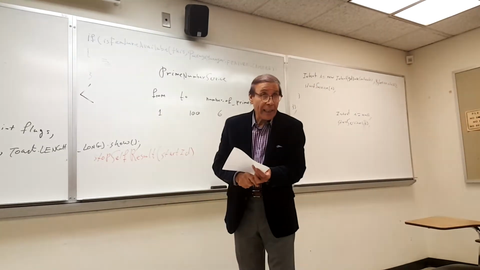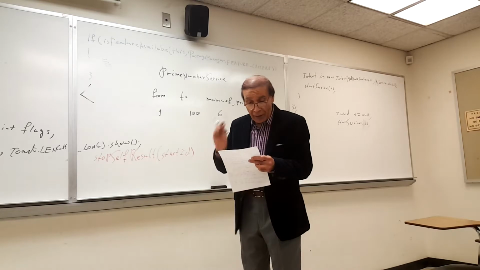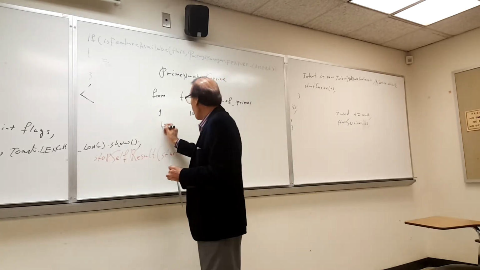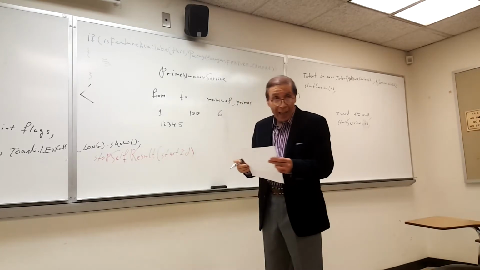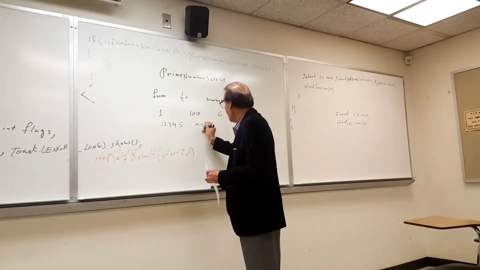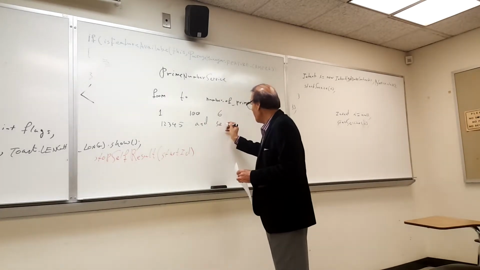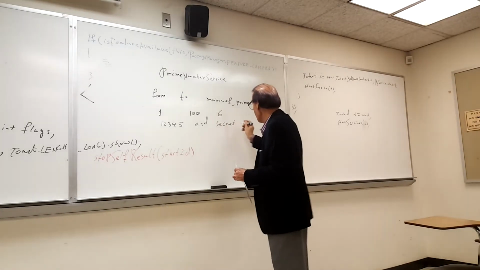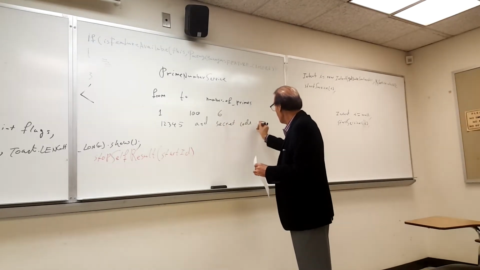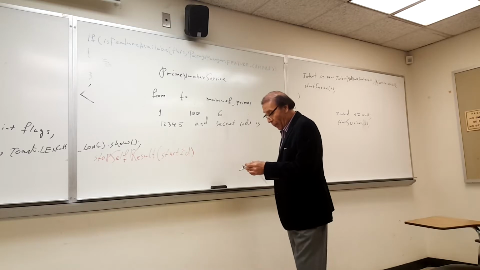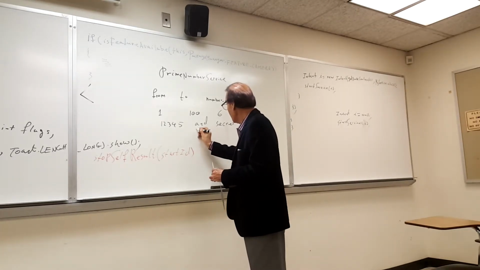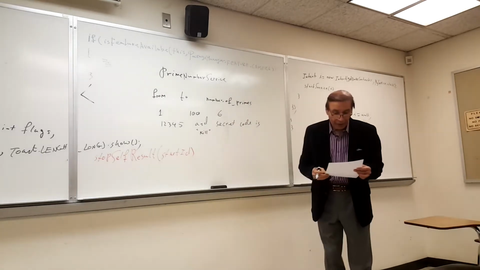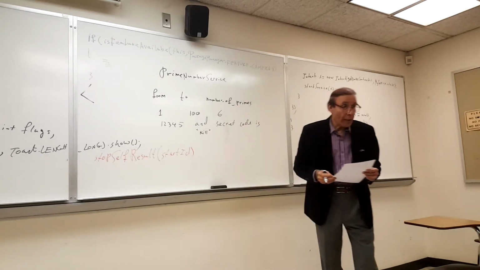This service, okay, so if the start ID is 1, 2, 3, 4, 5, and a secret code is kill, then the service will stop itself.